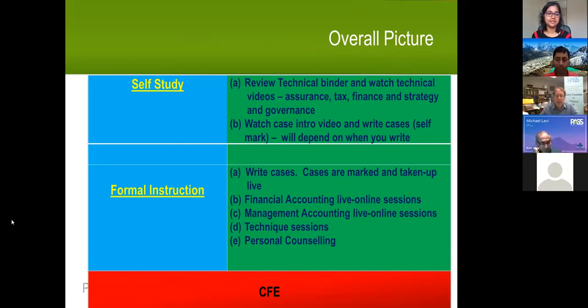And some of the course is formal instruction, where you'll write cases, you'll hand them in, we'll mark them, we'll send them back. We'll have classes online, either Canadian time, or we run a lot of classes on IST time in the evening. So part of the course is self-study and part of the course is formal instruction.